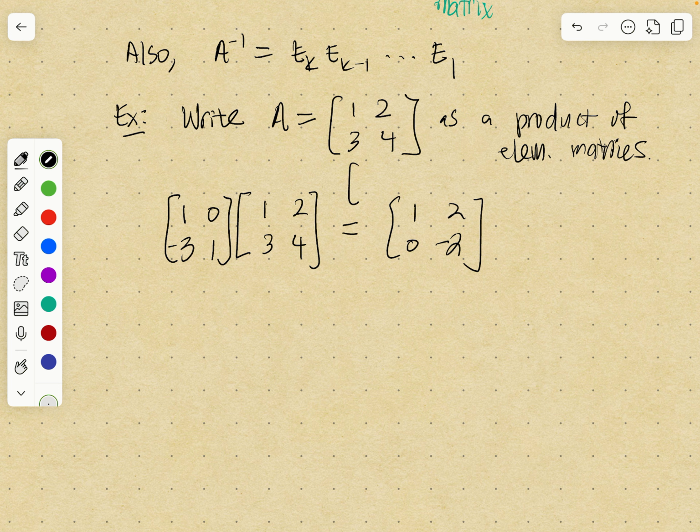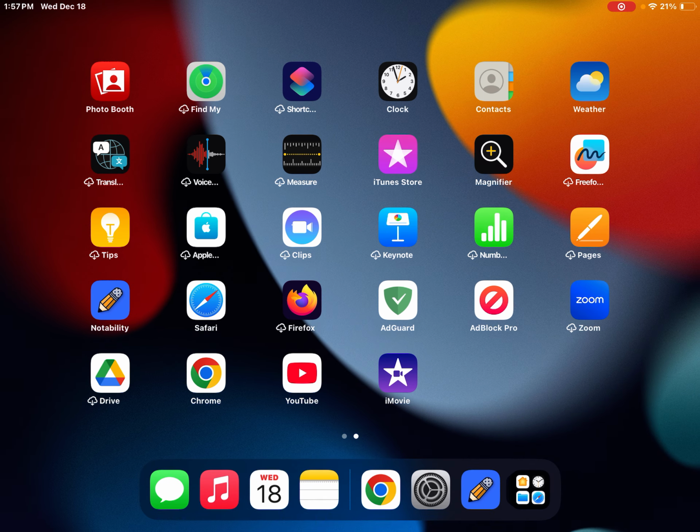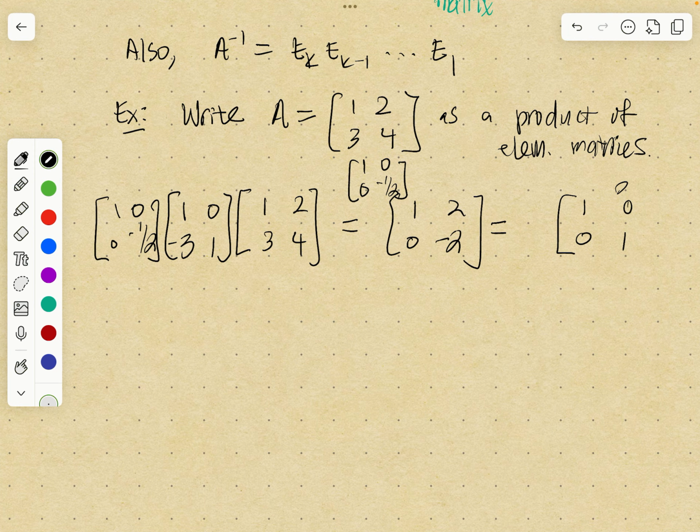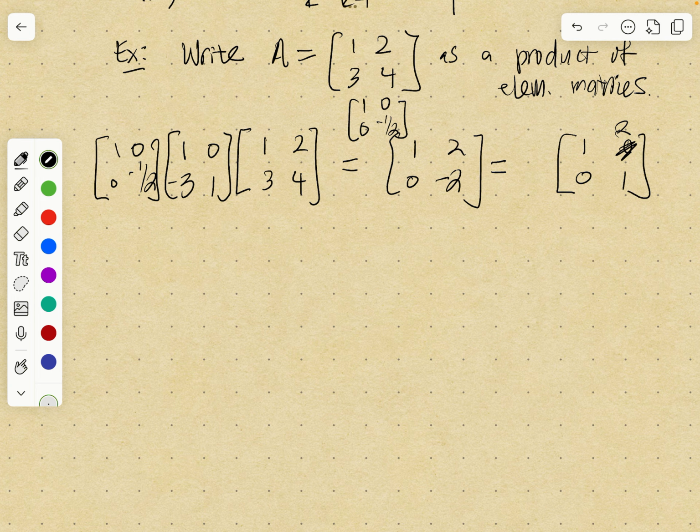So if I multiply by that, I'm going to get this. And now the last thing I need to do is row 1 goes to row 1 minus 2 row 2.